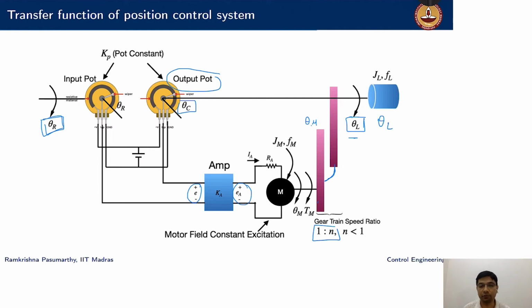EA is the voltage supplied to the motor. If the voltage supplied to the motor is 0, nothing happens. Okay, so we are at equilibrium, at peace, because our output of this position control system is at theta L. So the mechanism is as follows.